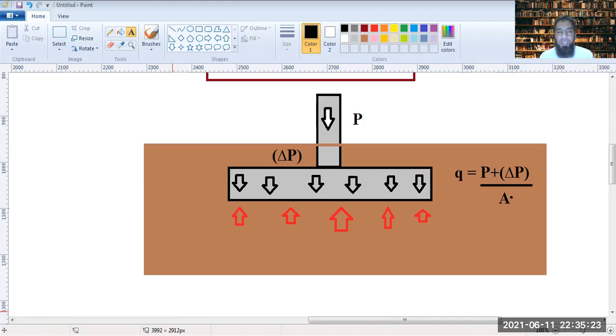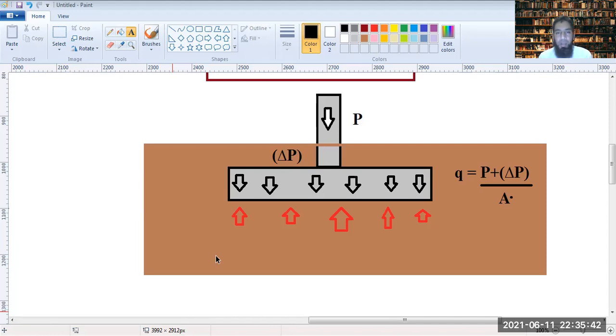Now, there is one more important thing to take into account: the weight of the footing and the backfill. Again, you must realize that this is up to the lower point of the footing.